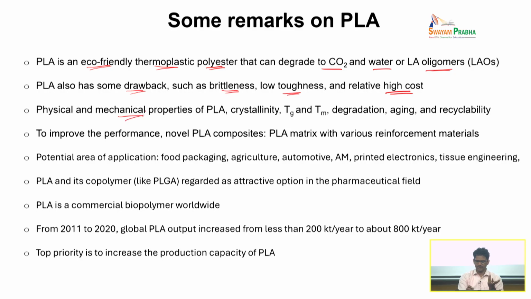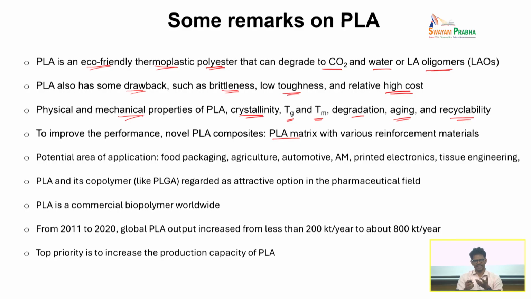Over the last couple of decades, a lot of studies have been done on PLA with regard to mechanical properties, crystalline nature, thermal properties like glass transition temperature and melting temperature, degradation standards, compostability, aging effects, and to what extent you can recycle. A lot of work has already been done on this polymer.